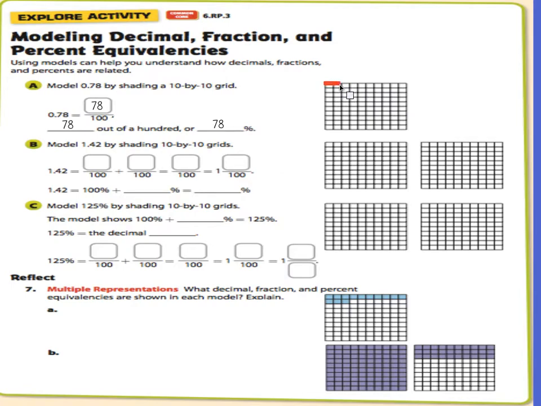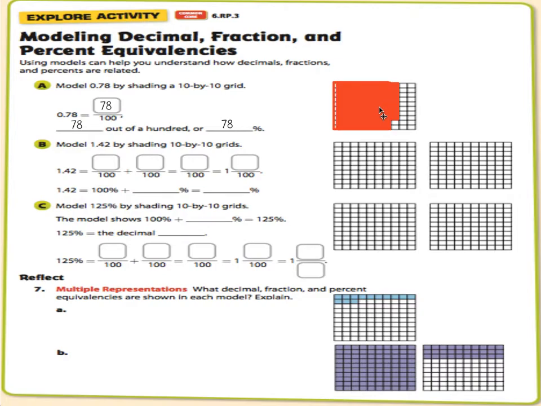So 1, 2, 3, 4, 5, 6, 7. So I can color in all 7 of these rows, and that all should have been colored in red. And then my next row, since it's 78, should only have 8 colored in.